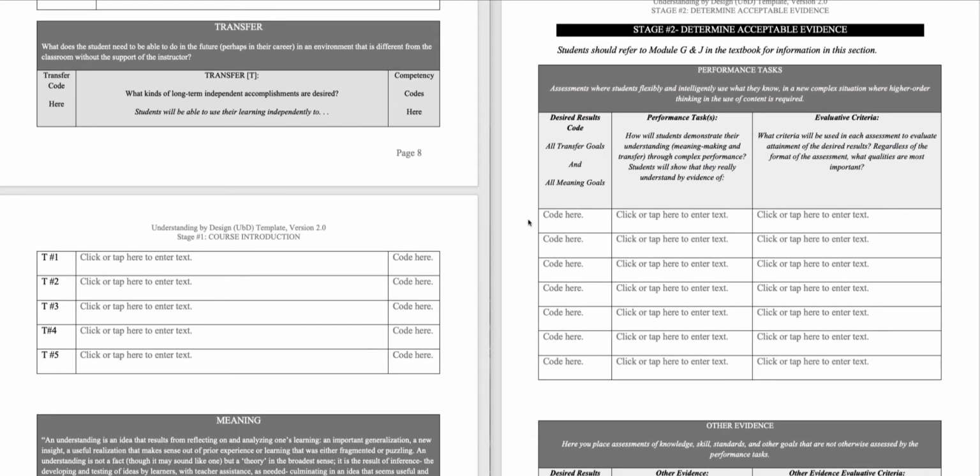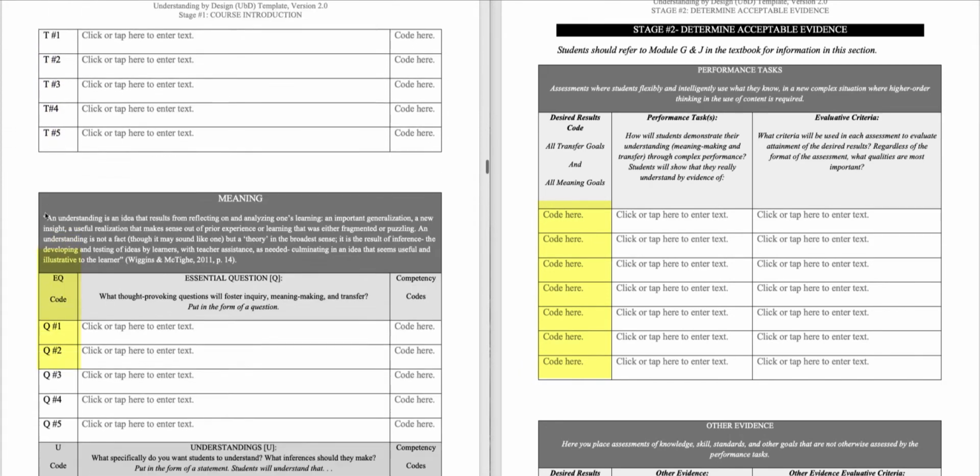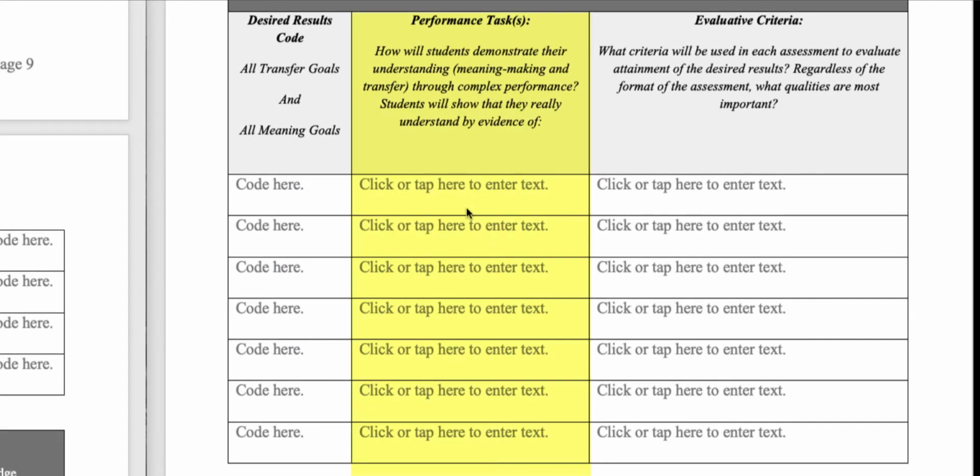Similar to Stage 1, we're going to continue to use these codes. So any transfer goals or understandings you want to assess, we drop the code in here. In the performance task field, this is where we type in the outcome that we're looking for.